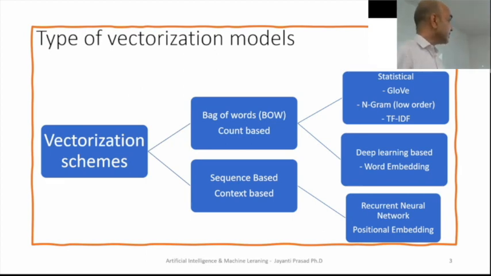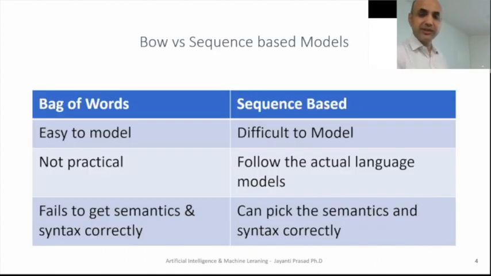The second scheme is the embedding based scheme, the distributed representation of words. So how do we actually get the vector representation of a word? Even for the distributed representation, we can consider just a bag of words, or we can consider a sequence of words. We will cover both here.